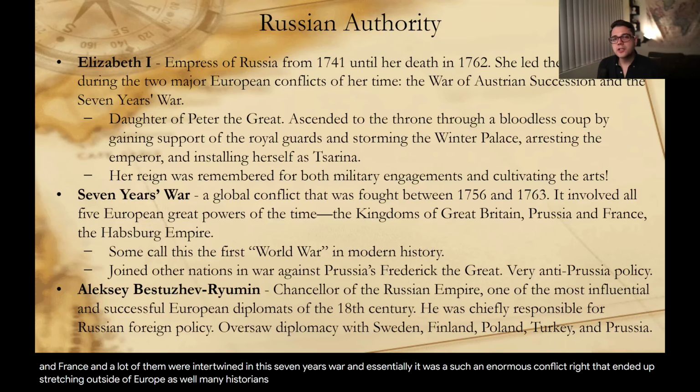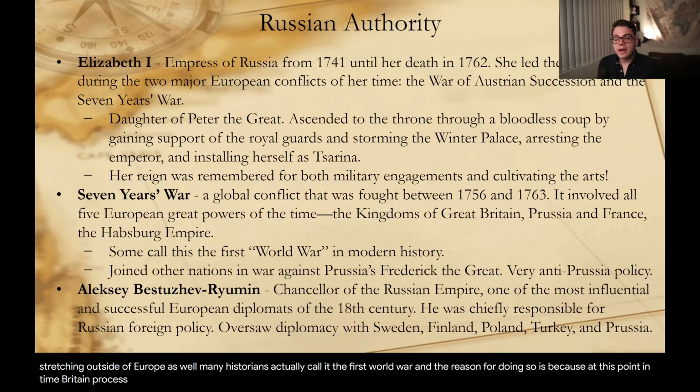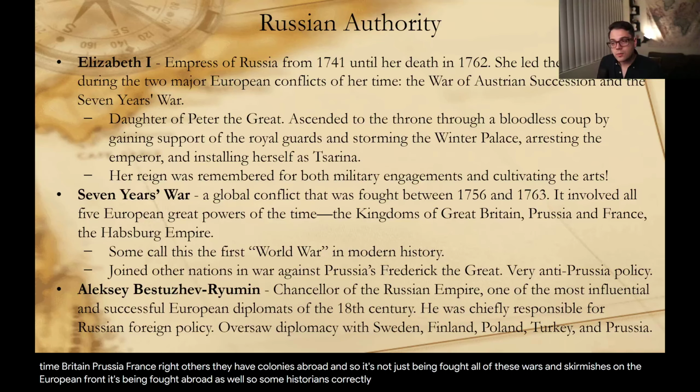Many historians actually call it the First World War. And the reason for doing so is because at this point in time, Britain, Prussia, France, and others have colonies abroad. And so all of these wars and skirmishes are not just being fought on the European front. It's being fought abroad as well. So some historians correctly want to say that this was the First World War, right?